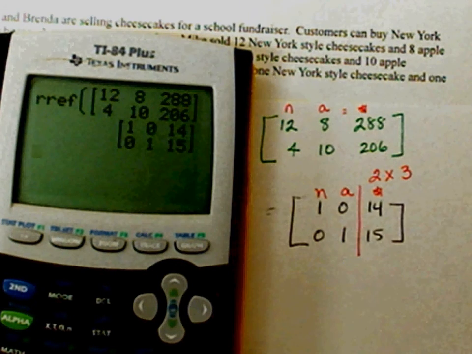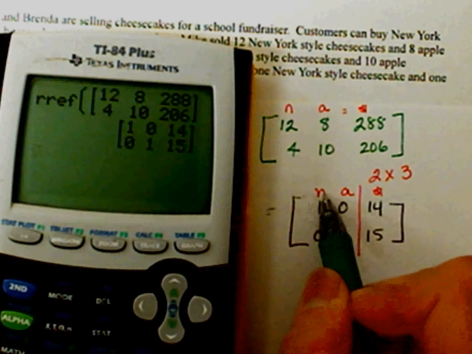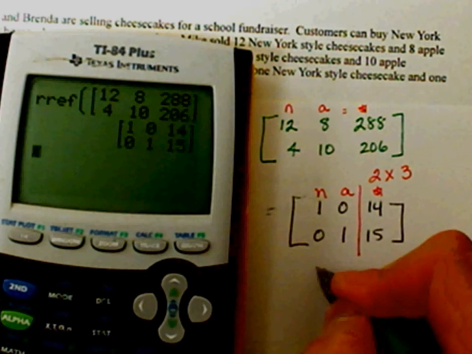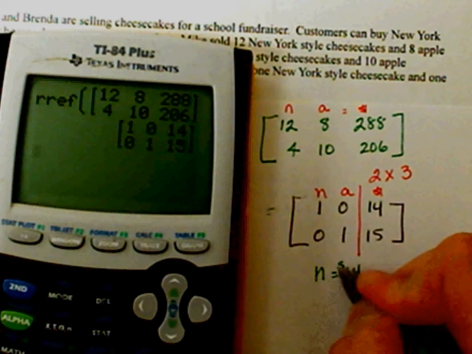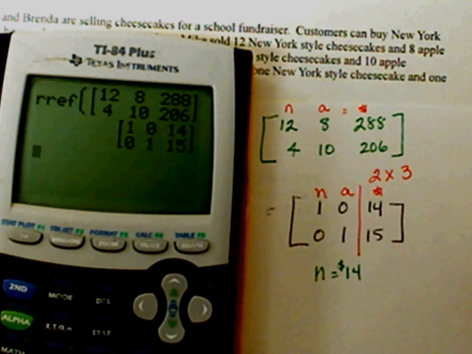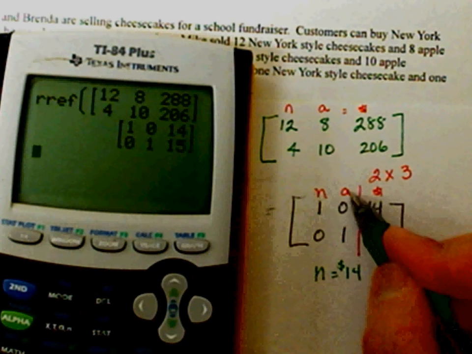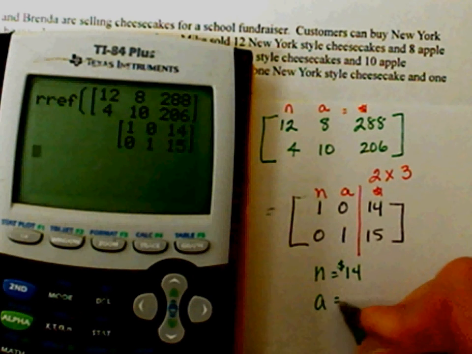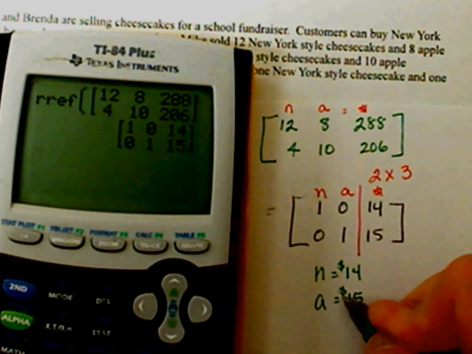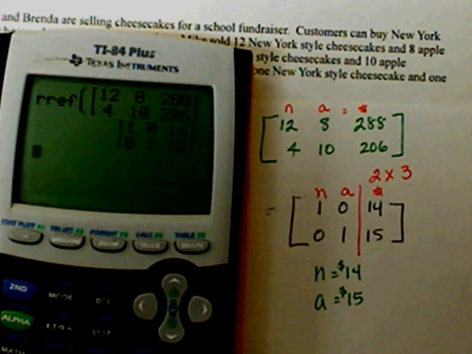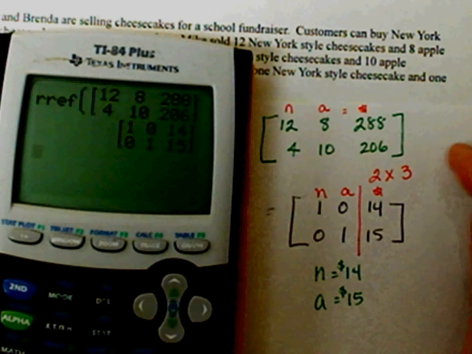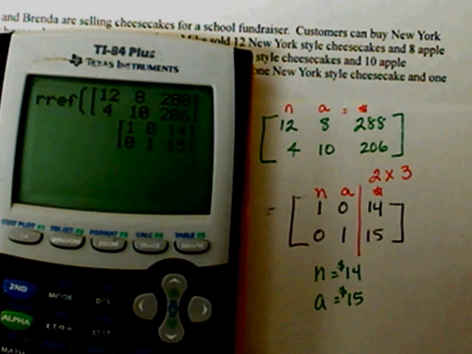This tells you 1N is equal to $14. So the New York cheesecake is $14. 1A is equal to $15. So there you have the price of a New York cheesecake and an apple cheesecake. So you could have used substitution, you could use elimination, but I chose to do the matrix on this one.